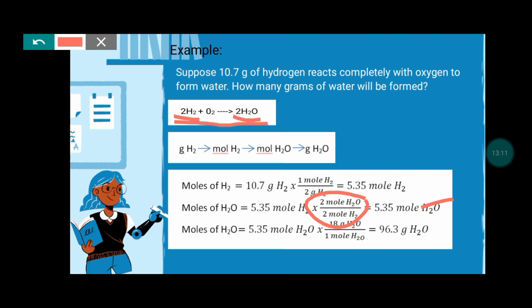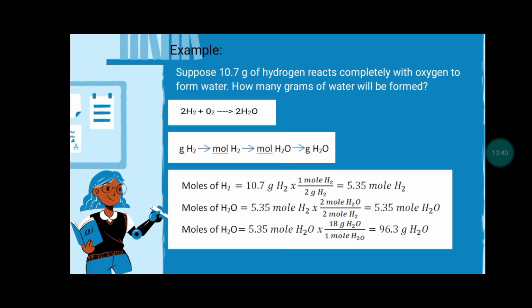And then, lastly, we will use this 5.35 mole of water to calculate the gram of water. So, 5.35 mole of water times 18 gram of water all over 1 mole of water, because the molecular weight of water is 18 gram. I think all of us know how to get the molecular weight, right?